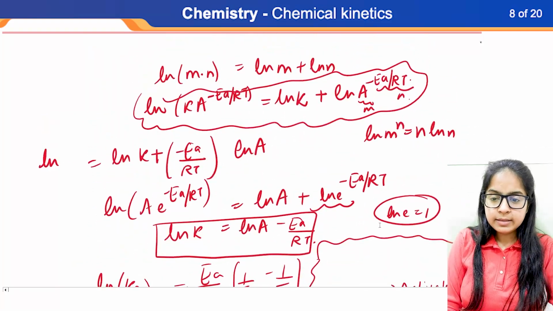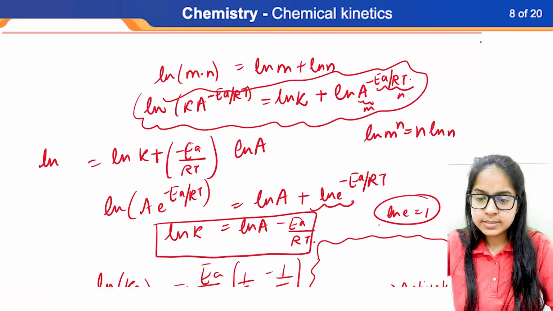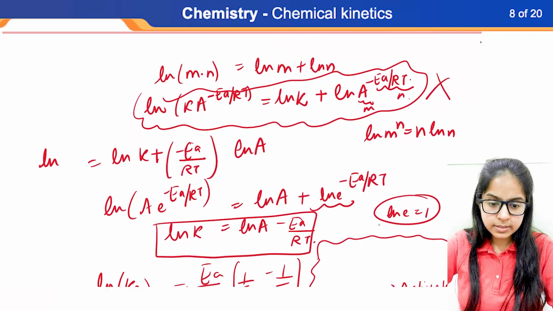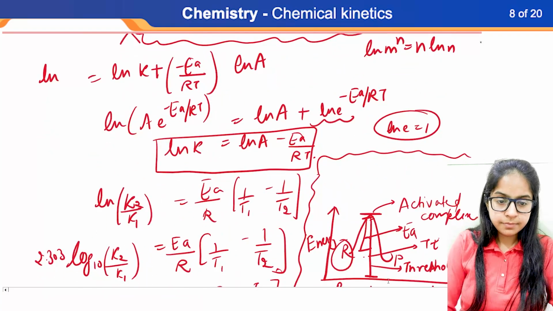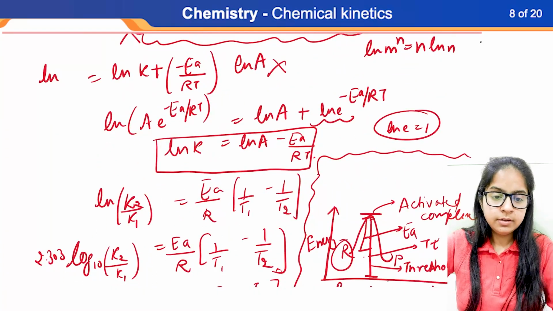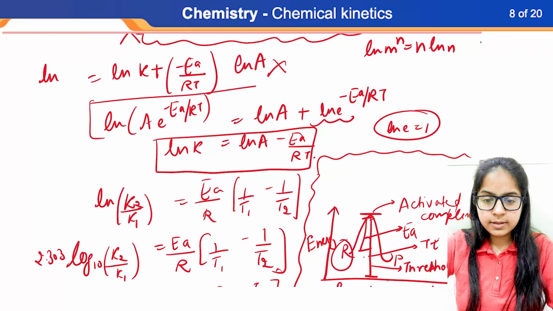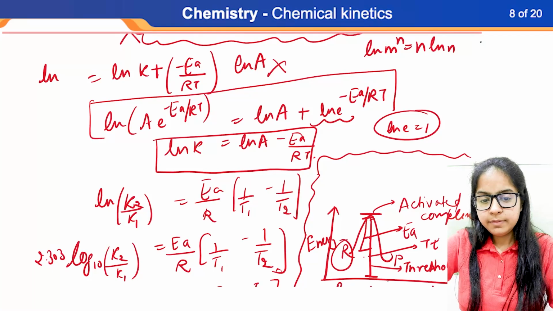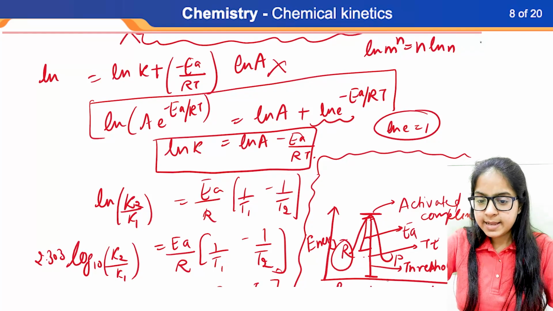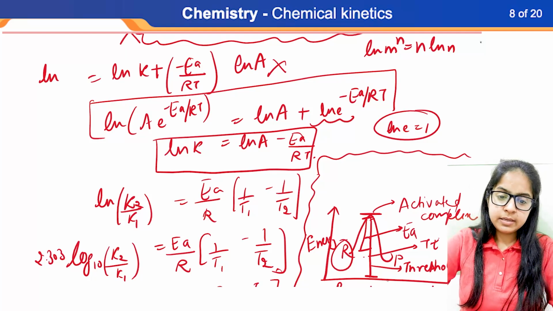After that, I explained that this is the wrong thing, and also this one. This is the correct rate expression: ln k = ln A e to the power minus Ea by RT, that is, ln A plus ln e to the power minus Ea by RT.